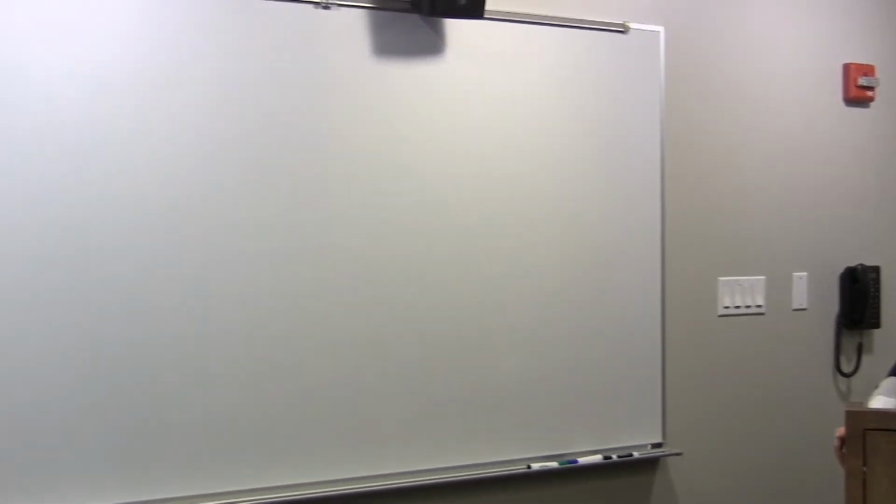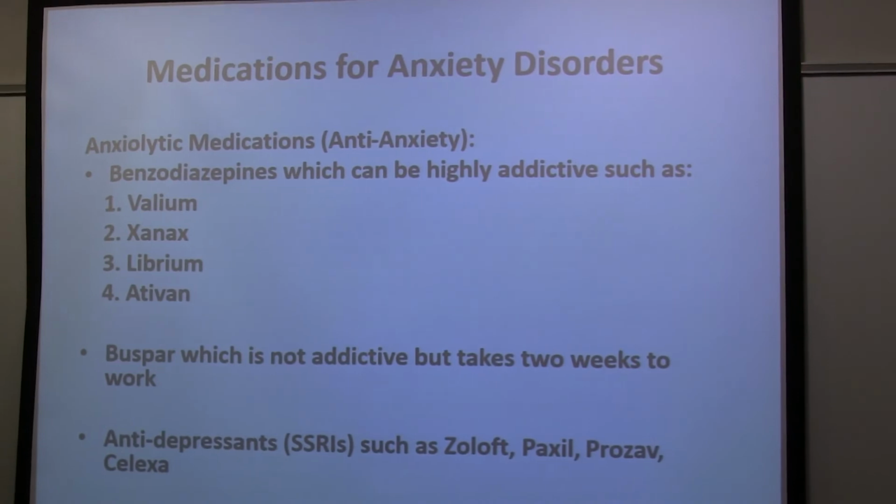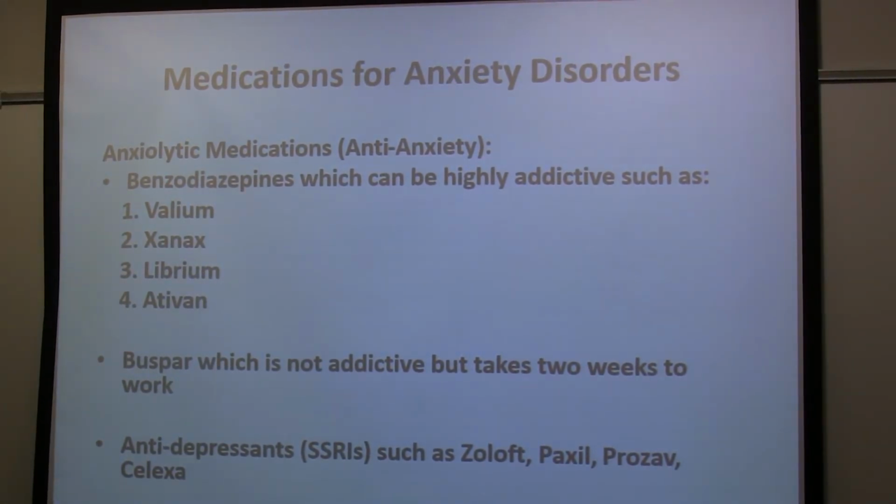And psychopharmacotherapy, although it is not as effective as some of the other treatments, but we will talk about some of the medications for anxiety disorders. They are called anxiolytic or anti-anxiety. Benzodiazepines can be quite effective for anxiety. However, they're highly addictive.